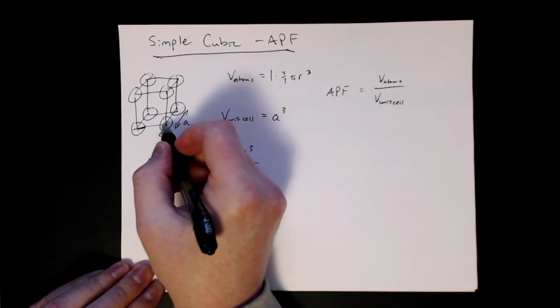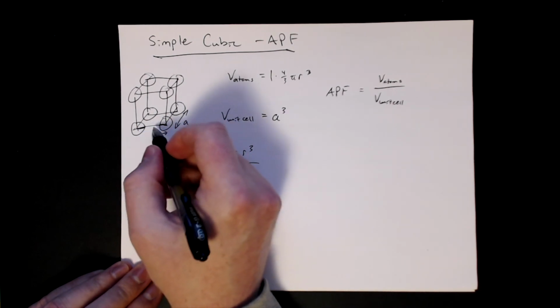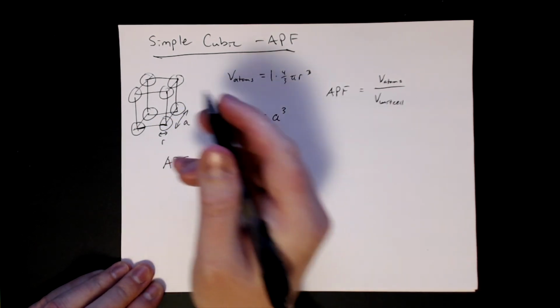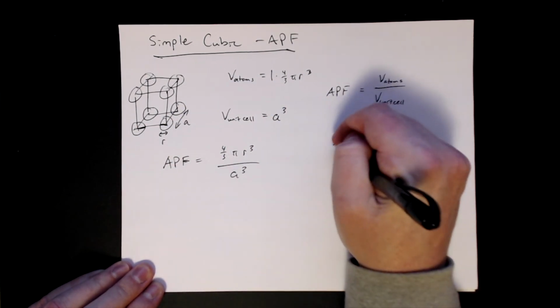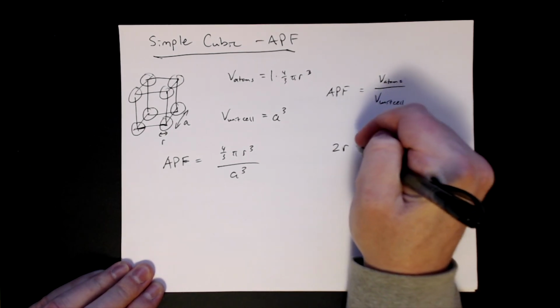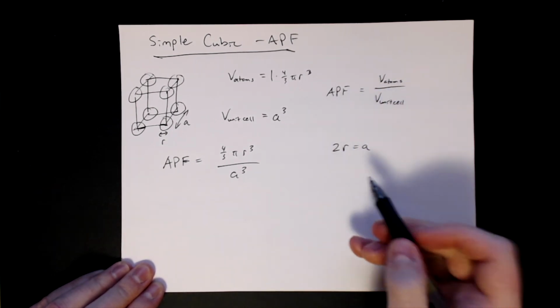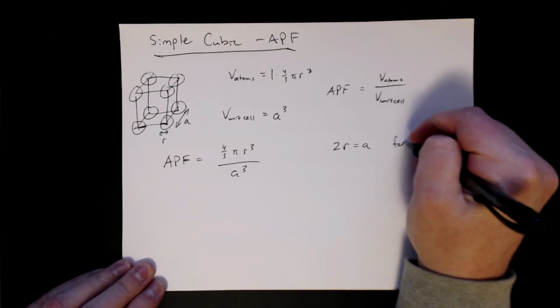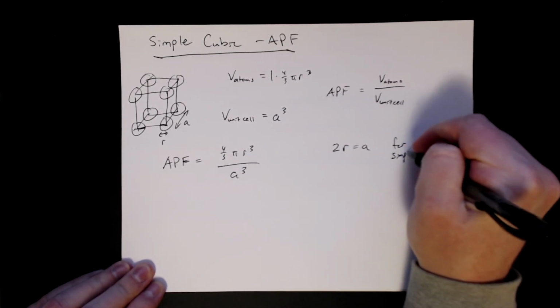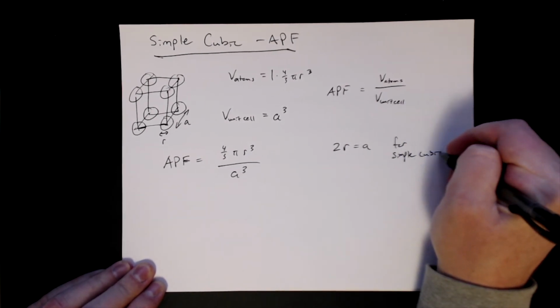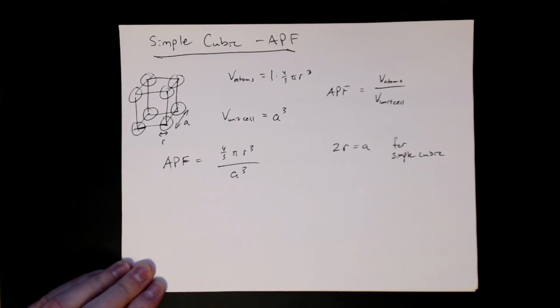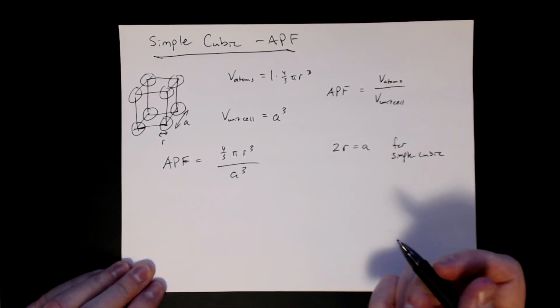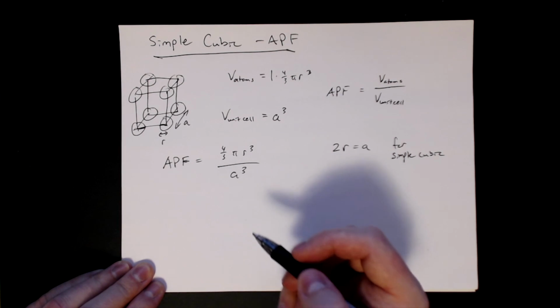There's one radius and then another radius, and those are touching. So we know that 2r equals a for a simple cubic structure.